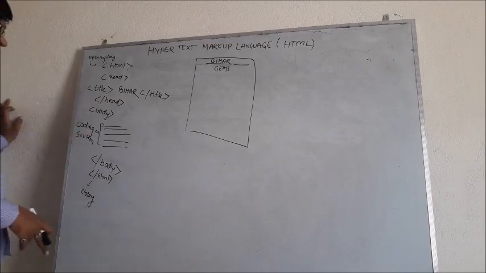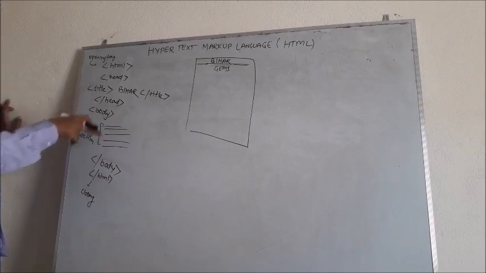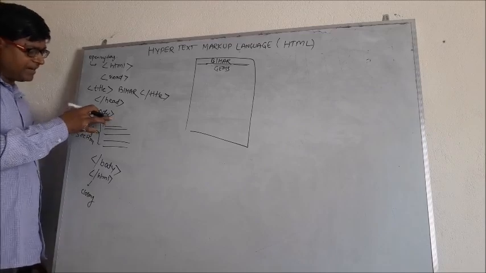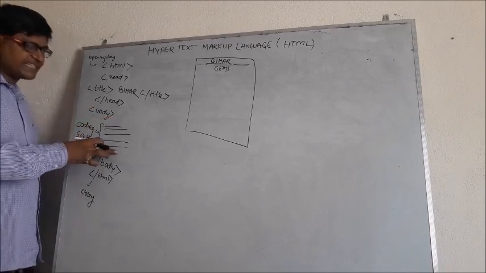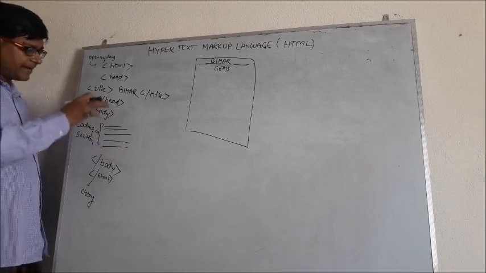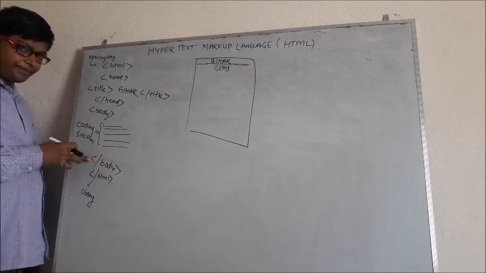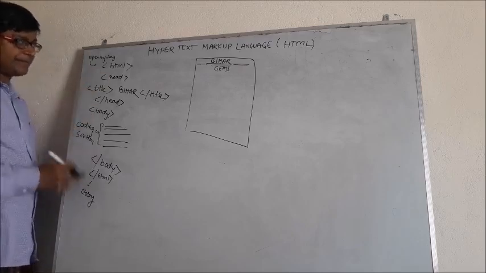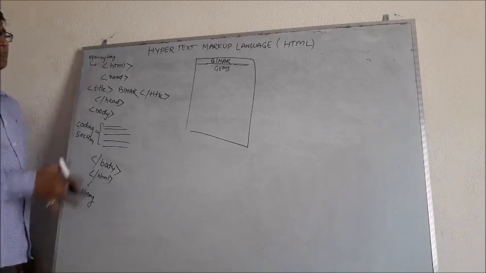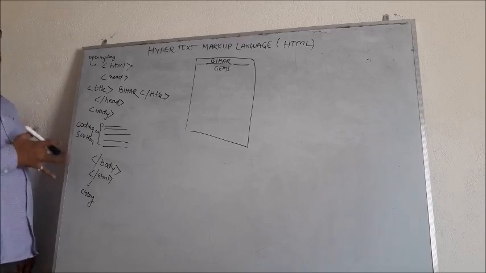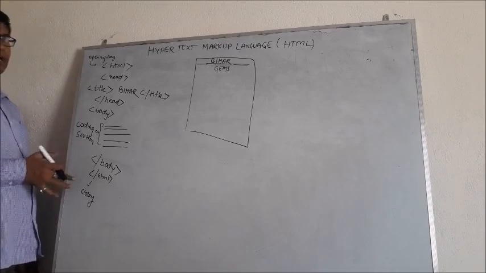After closing the title tag, you can also close the head tag there only, and after that you can start the body, right? Body will be started. This section is given for the coding section, right? And after the coding section, you may close body here, and finally HTML will be closed here. So this is the very basic example of how to write code in HTML5.